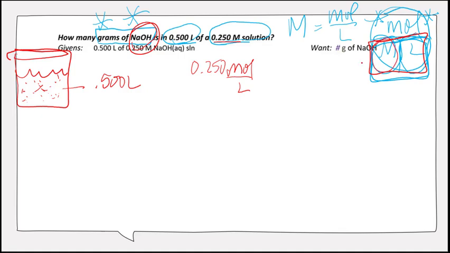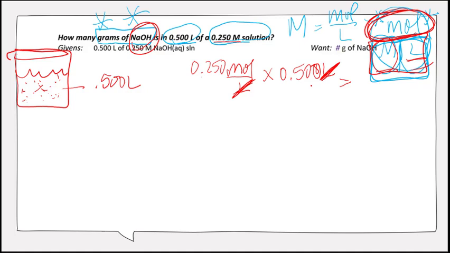That's how many moles per liter. And if I multiply that by my volume, which is 0.500 liters, notice how liters and liters cancels out, leaving me with moles, right? We said that moles is equal to molarity times volume, and that's how the units work. Liters and liters are diagonal from each other, they'll cancel out.